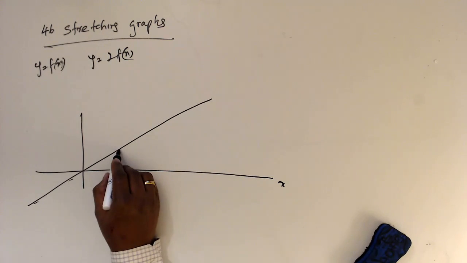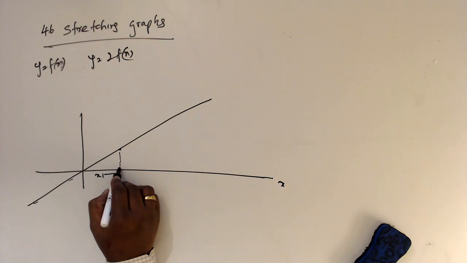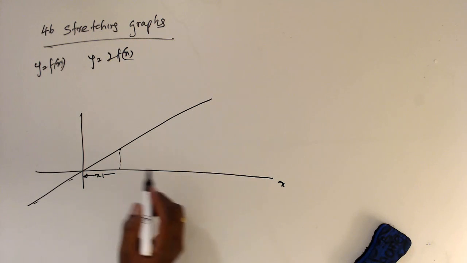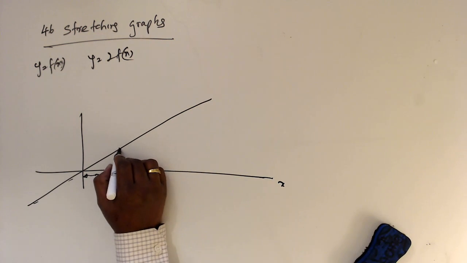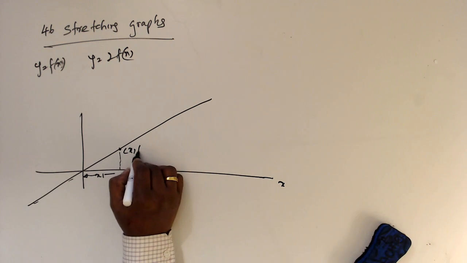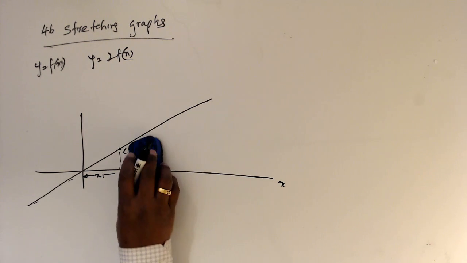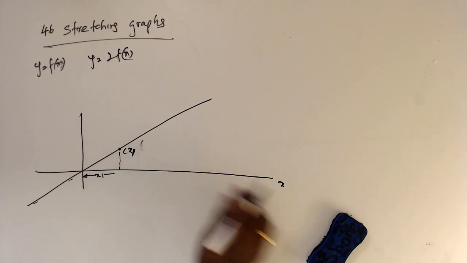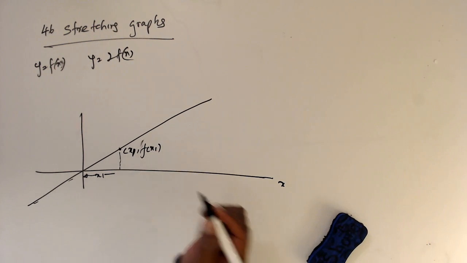I'll consider a point here. This point is x1 away, and so the coordinate of this point is x1, f(x1).